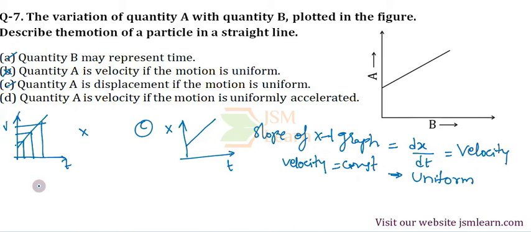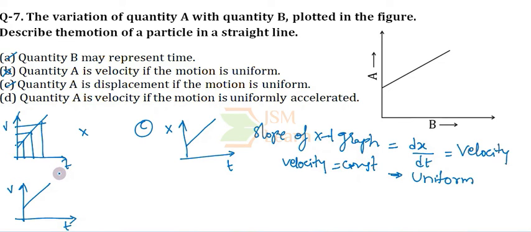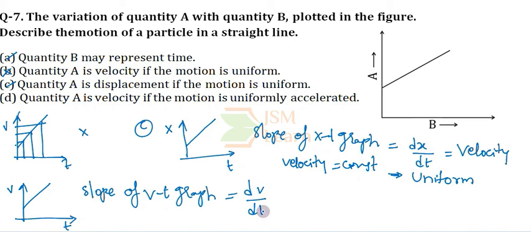Now moving to option D. Option D says that the quantity A represents velocity and this is time, then the graph is a straight line. So first let us try to understand. Since it is a v-t graph, the slope of the v-t graph represents acceleration, because we know that the slope of the v-t graph is dv by dt, that represents acceleration.